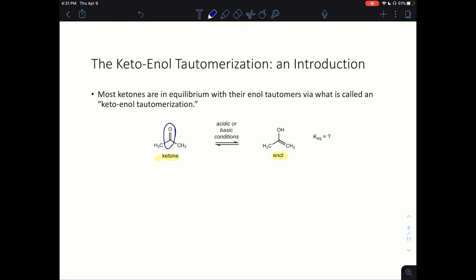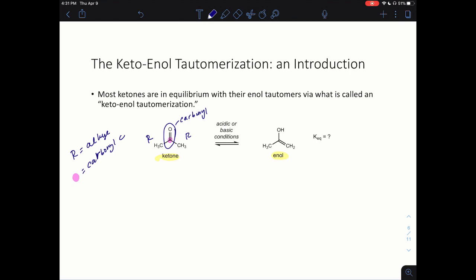You have a carbonyl with 2 alkyl groups bonded to that carbonyl carbon. Okay, so the carbonyl carbon is here. And let's think about what we see happening as we go to the enol.